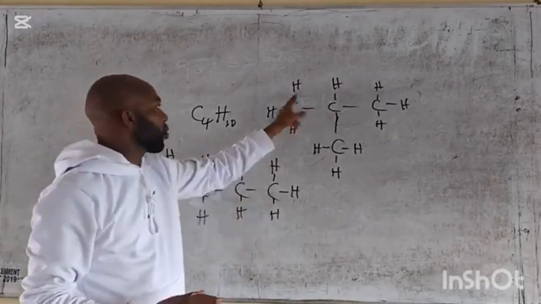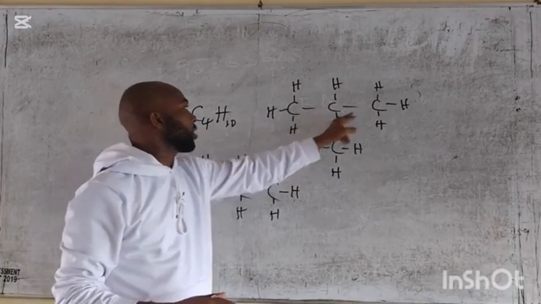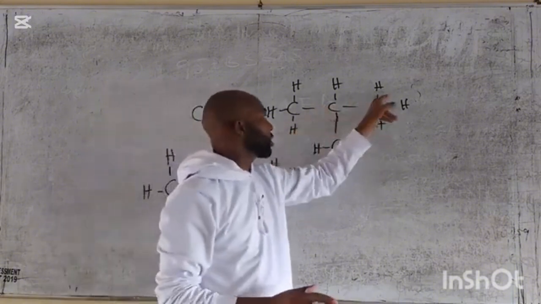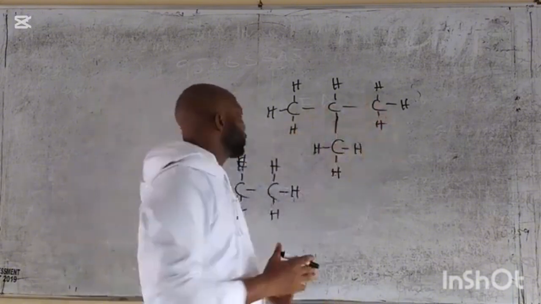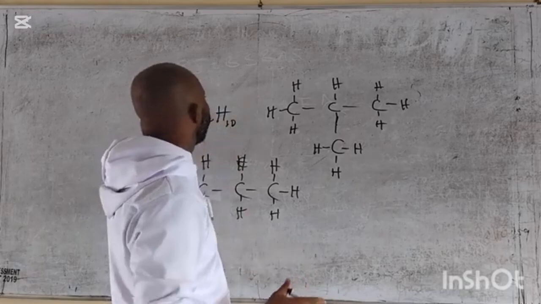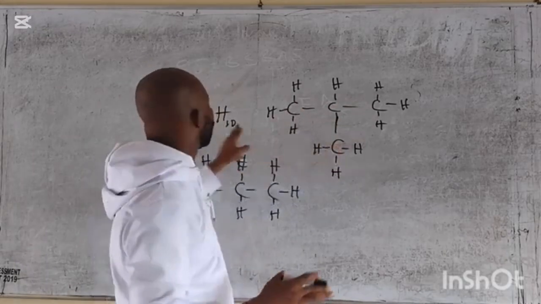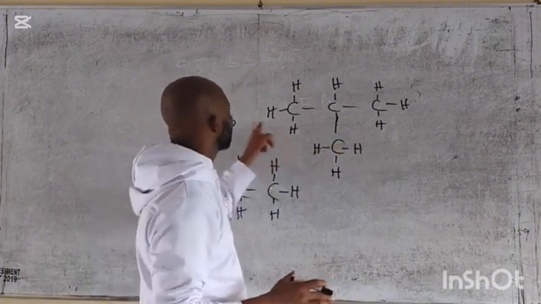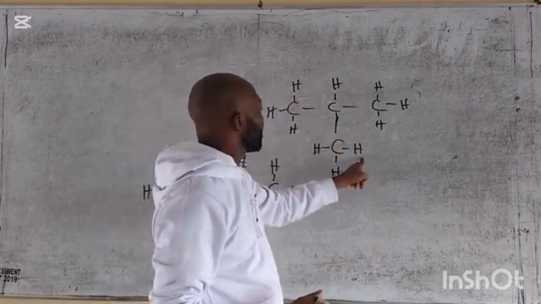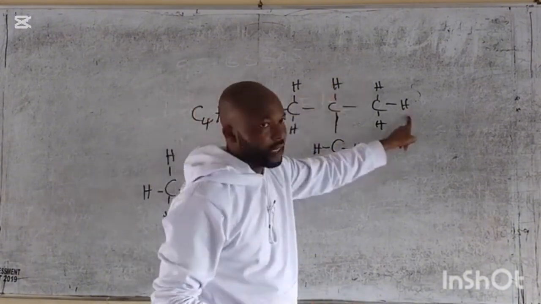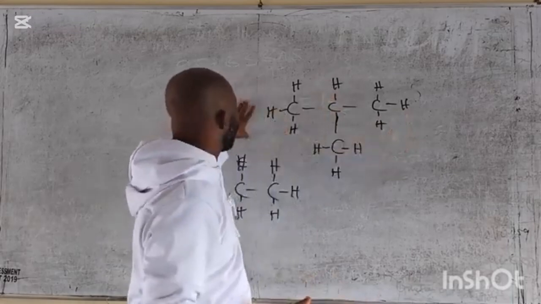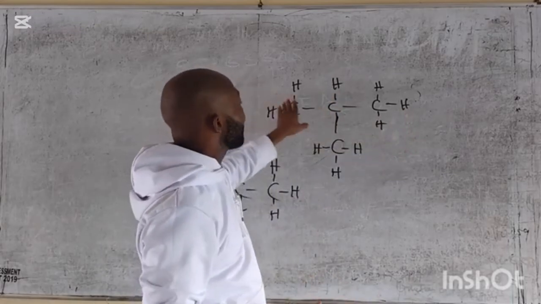This carbon has 1, 2, 3, 4. This one, 1, 2, 3, 4. This one, 1, 2, 3, 4. It is important you know that. So now, if I count C4, 1 carbon, 2 carbon, 3 carbon, 4 carbon, I have 4. Let's see the hydrogen to be 10. 1, 2, 3, 4, 5, 6, 7, 8, 9, 10. So in this molecular formula of butane, I have my C4H10.